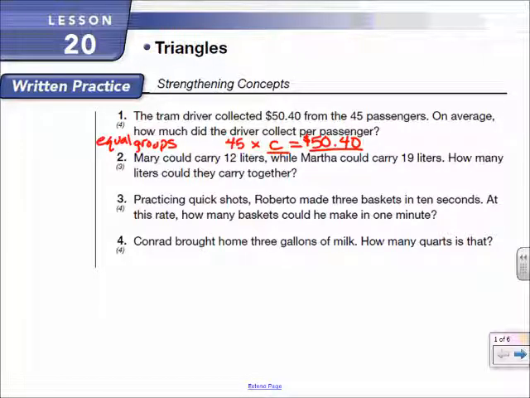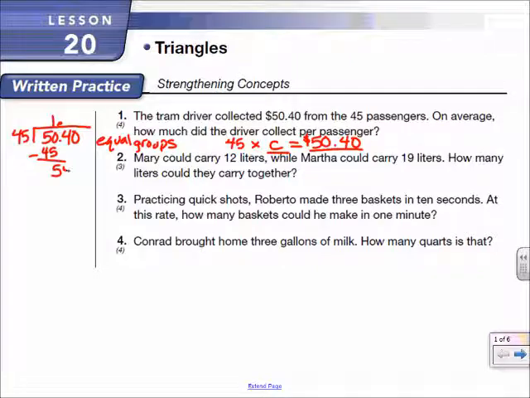In order to solve for one of the factors in an equal groups problem, we divide the product by the known factor. So we're going to take $50.40 and we're going to divide it by 45. So 45 goes into 50 one time. We put our decimal point there. 1 times 45 is 45. 50 minus 45 is 5.